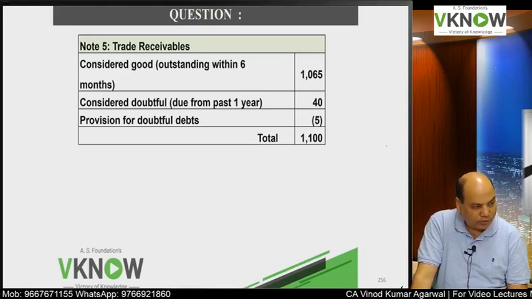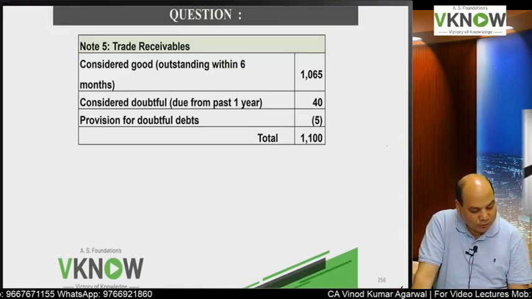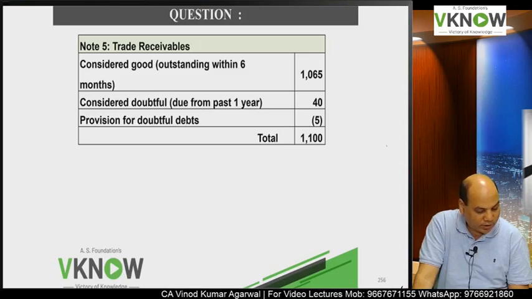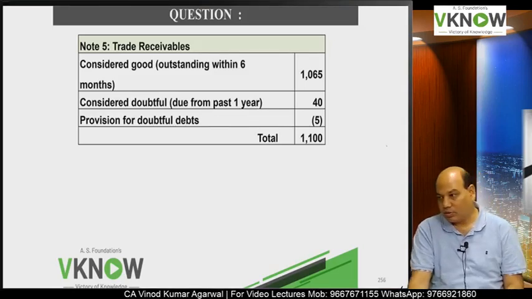Share capital comprises 100 million shares of rupees 10 each. Term loan from bank includes interest accrued of 555 million. Reserve for foreseeable loss is created against a service contract due within 6 months. Same thing required: evaluate the report and report the errors and misstatements in the above extract and prepare the corrected balance sheet and statement of profit and loss.